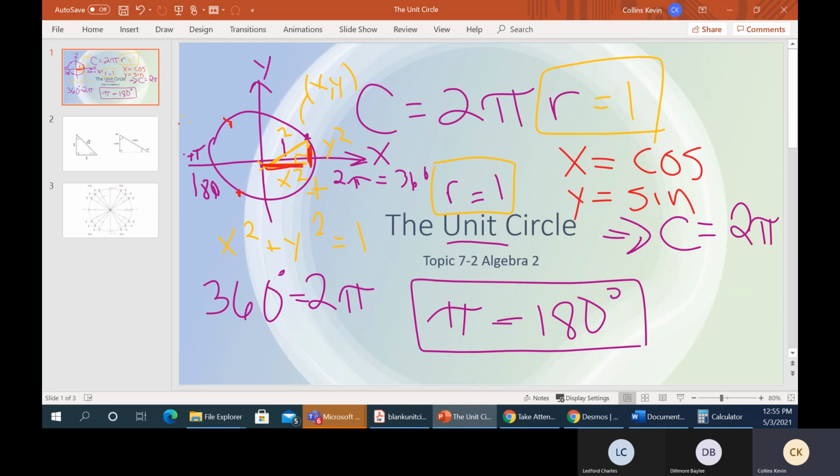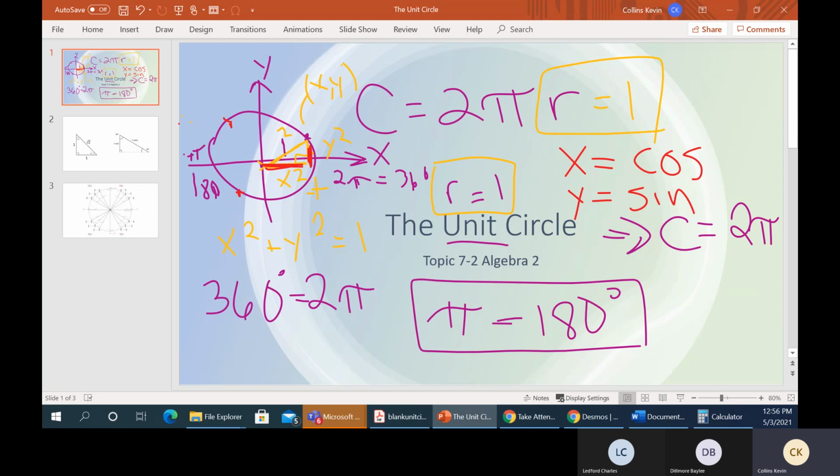So what we're doing is we're pulling a lot of stuff together you've done in the past and putting it all together. All right? So like circumference is 2 pi r. That's something from the past, right? Pythagorean theorem from the past, right? We've talked about degrees before, and the radians is kind of a new thing, but it still has to do with circumference, something we've done in the past, okay?